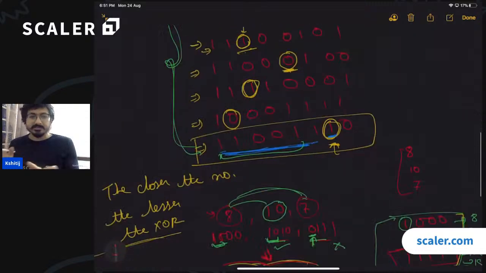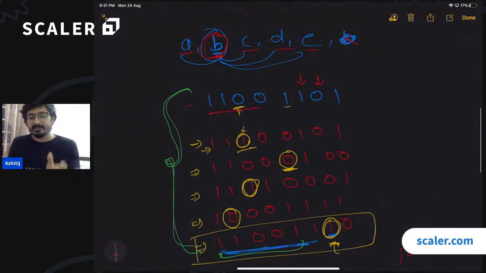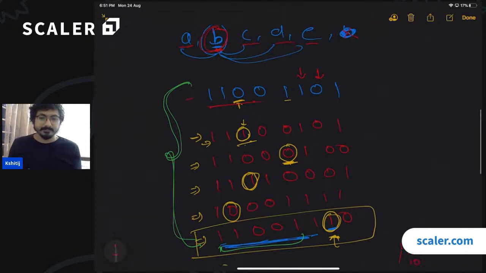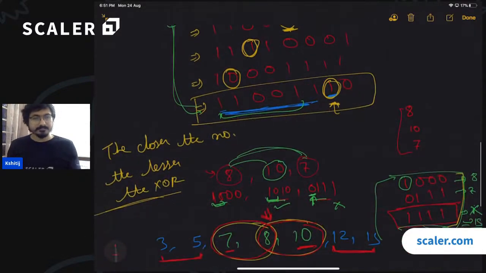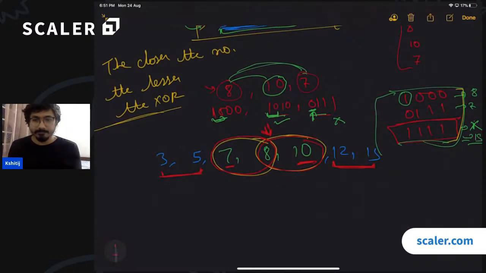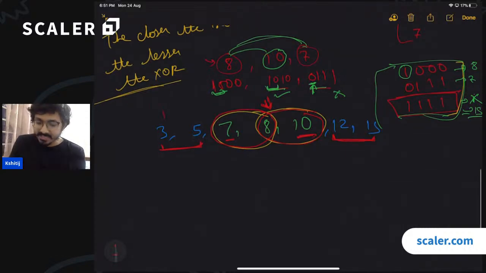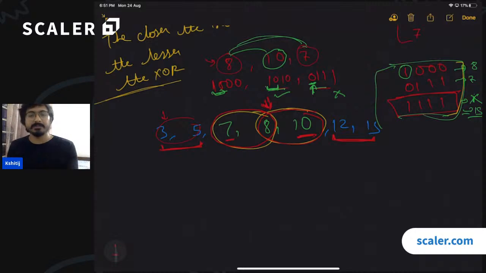Because out of these two, one of them is going to have the maximum number of similar bits on the left side. That is why if you sort all the numbers and check the XOR of consecutive pairs, you will be getting the minimum XOR out of all the possible pairs.